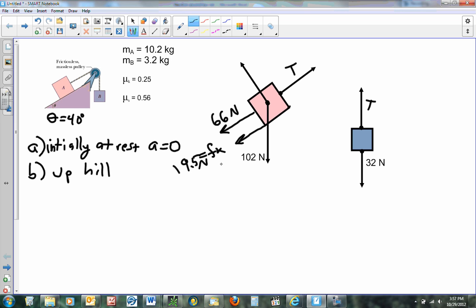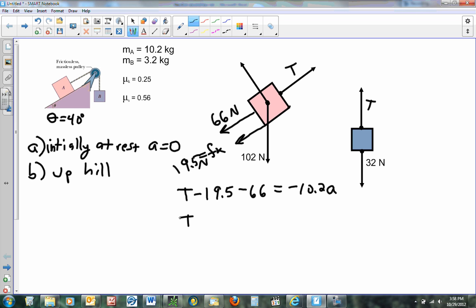So let's just work this out. If I look at this block right here, and I'm going to say up is positive, T minus 19.5 minus 66 equals negative 10.2 A. And I'm going to show you why this is negative in a minute.